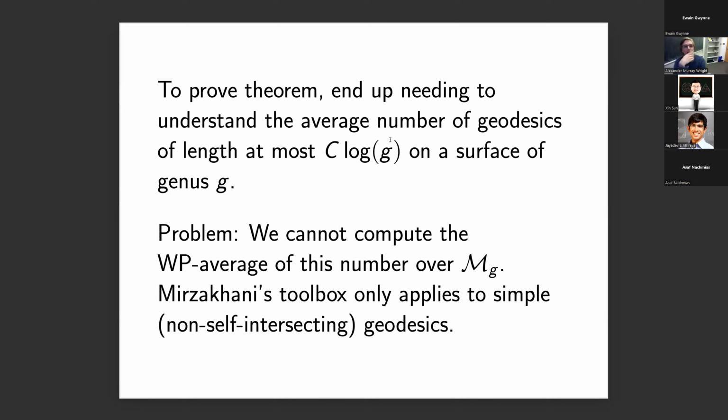And when you think about it, to prove the theorem after a technical examination of the Selberg trace formula, you realize you need to understand the number of geodesics on a genus g surface of length at most some constant times log of genus. And it's enough to do this averaged over the moduli space of genus g. But what I want to emphasize here is you end up caring about all geodesics of length at most a constant times log of the genus, which is a length scale growing with genus.